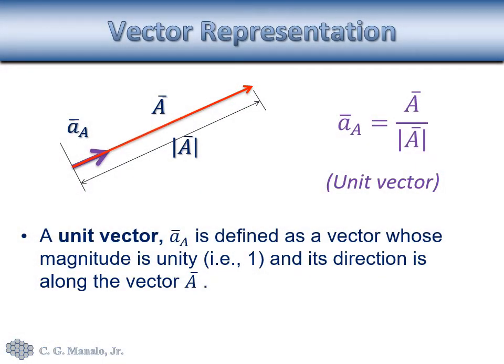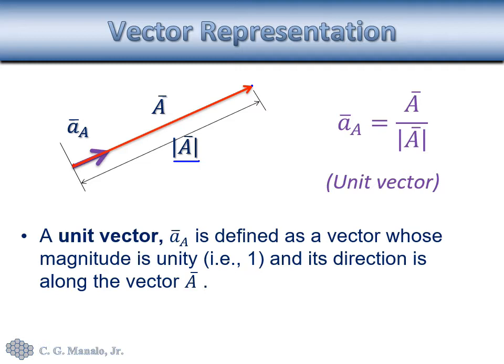Now graphically we can represent a vector by an arrow, where the length of the arrow represents the magnitude of that vector, and the direction of the arrow represents its direction. So the length here is this one.